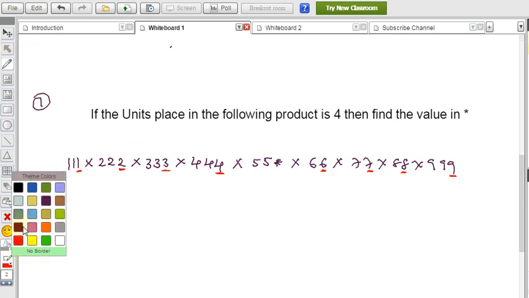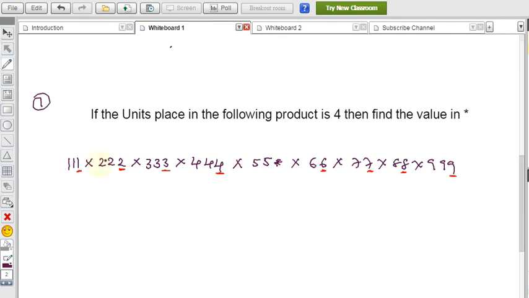Now the pattern: first 1 into 2, 2 it is. Again 2 into 3, 6. Okay, 6 into 4, 24. Now cut this 2. Again 4 into 6, again 24.